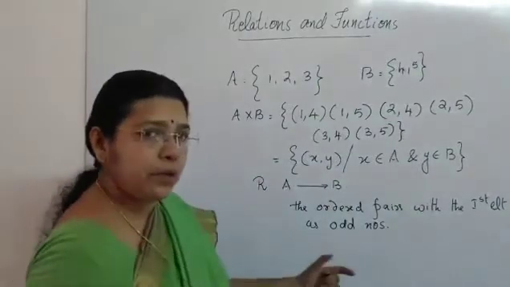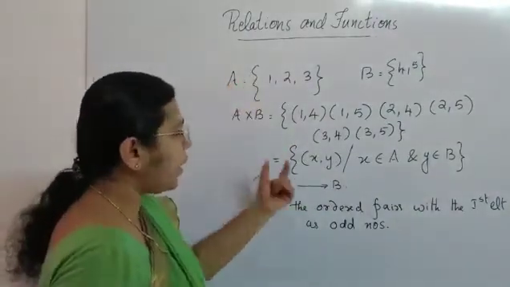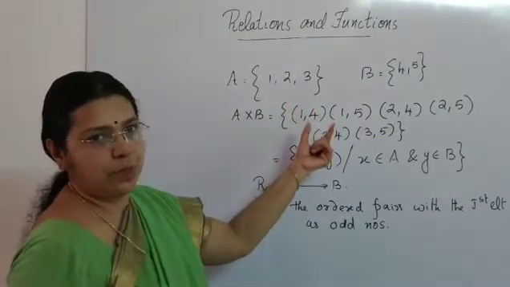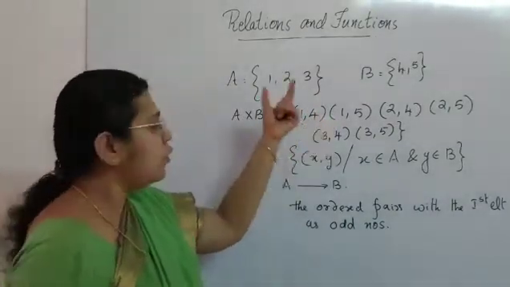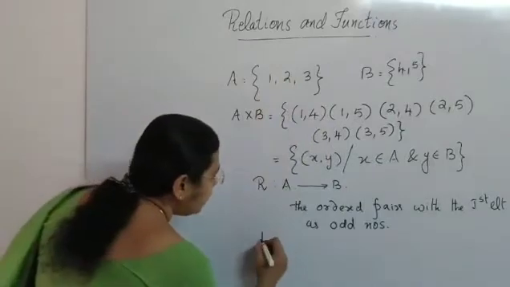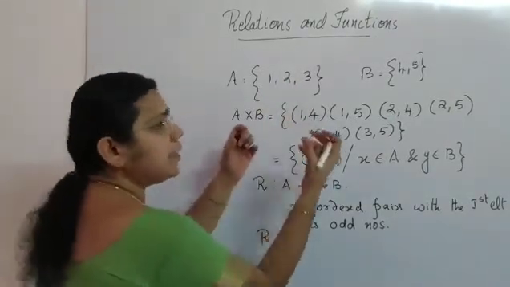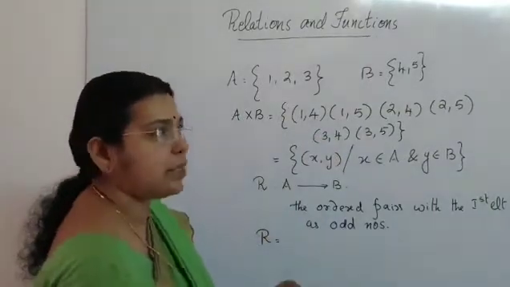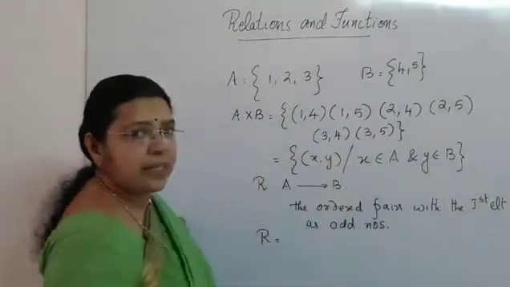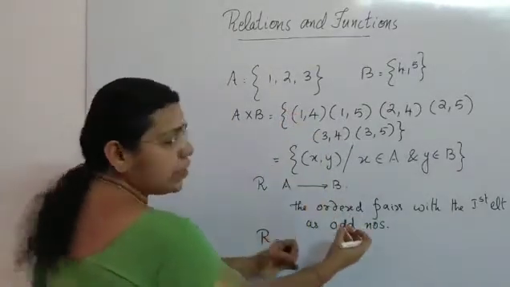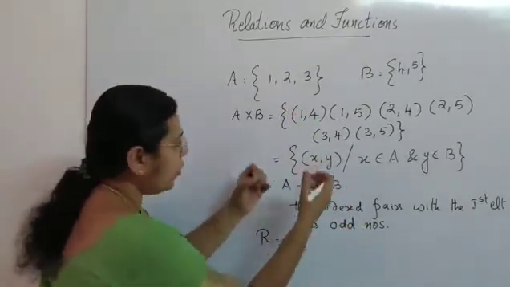So, what am I going to do here? I am going to apply this relation to this A cross B, the Cartesian product. I am going to filter down certain ordered pairs that satisfy this relation, isn't it? So, when I filter it down based on the given relation, what do I get?